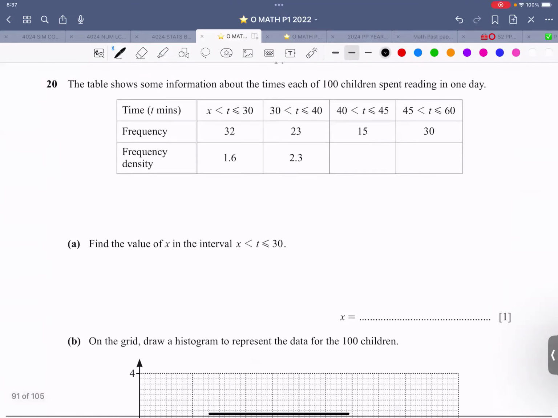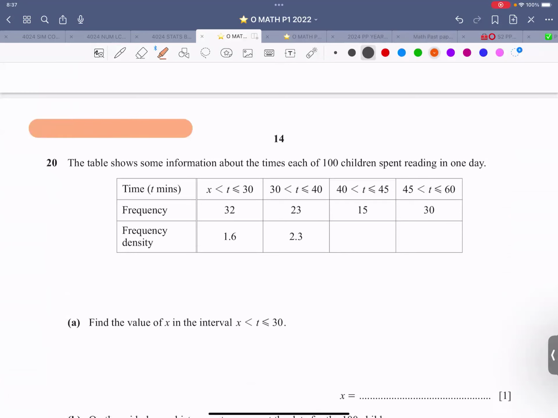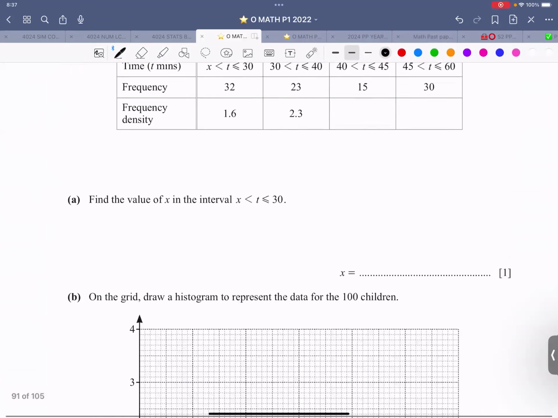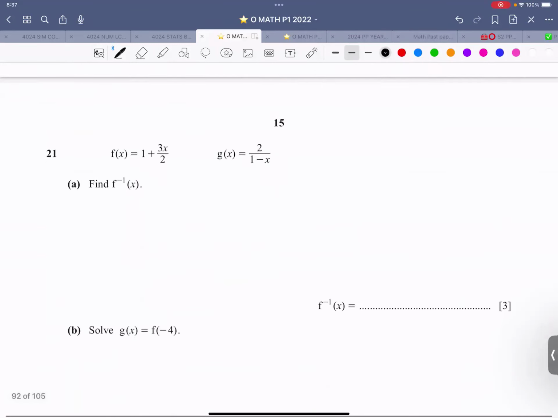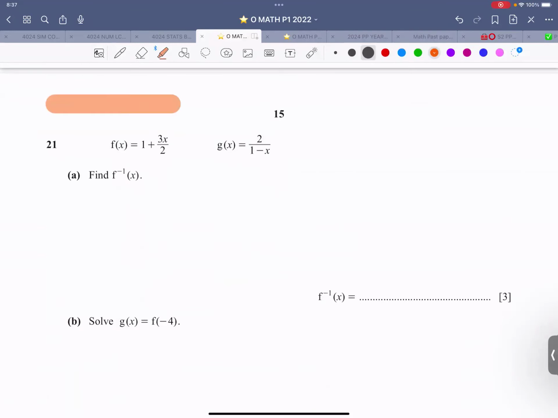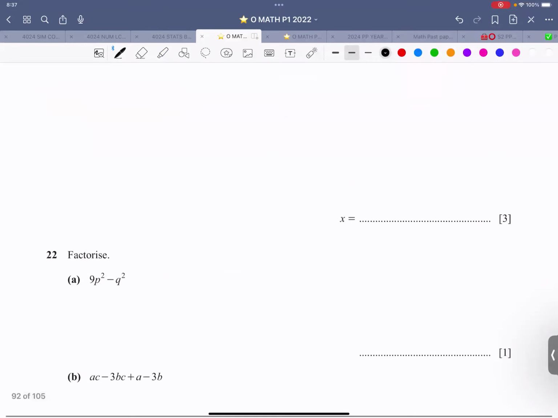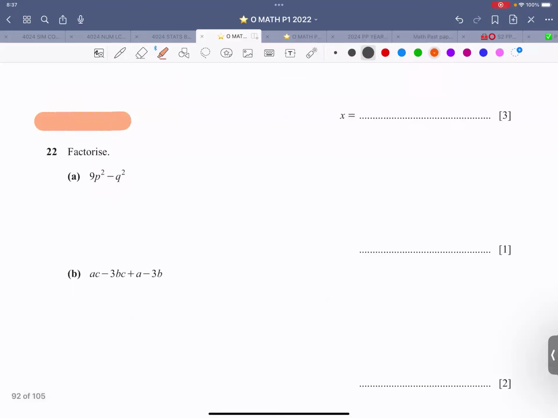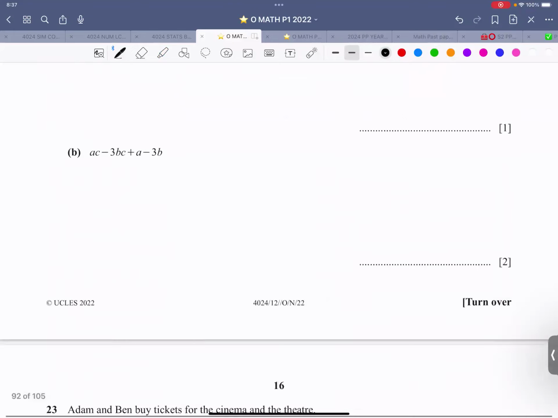Question 20 is histogram. That is part of statistics. Question number 21 is functions. Question number 22, this is again part of algebra. This is factorization.